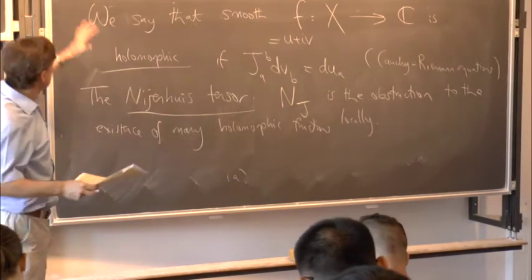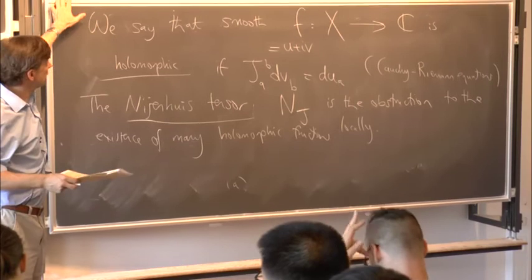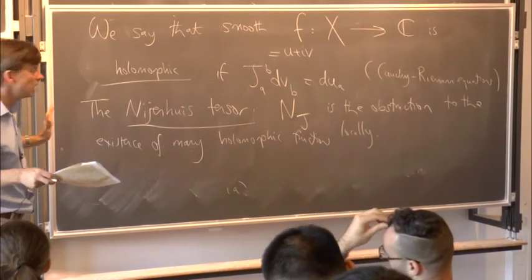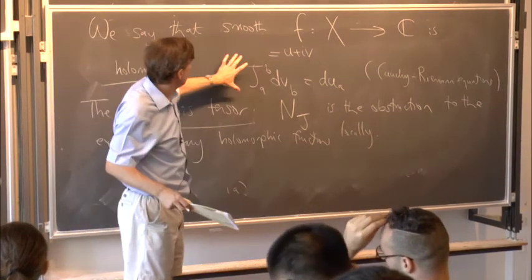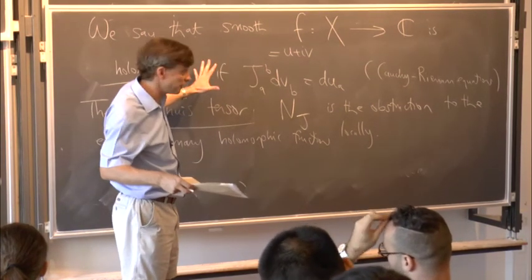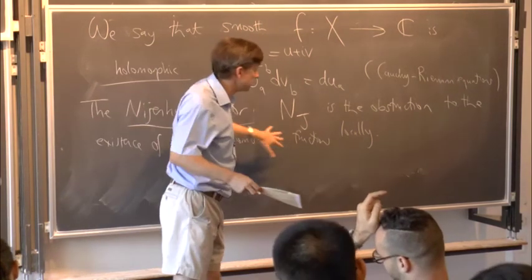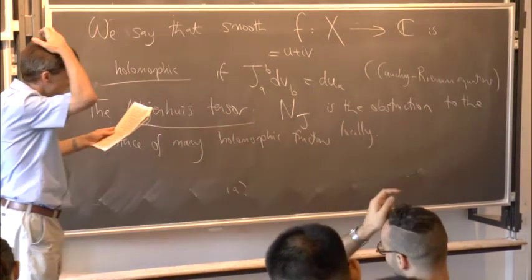So it can happen that you get an almost complex structure which is kind of bad, and then the only holomorphic functions in any open set are just constant. Okay, and that's when the Nijenhuis tensor is kind of maximally non-zero, as it were.